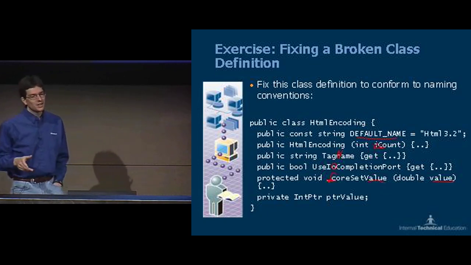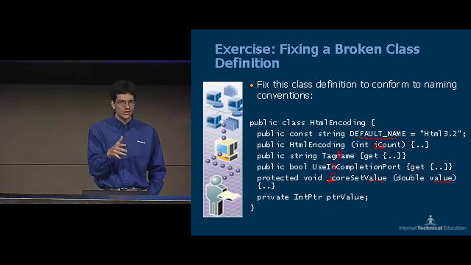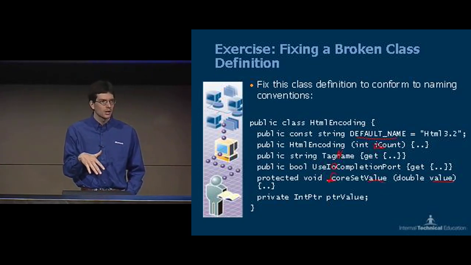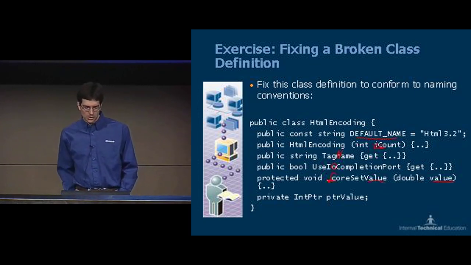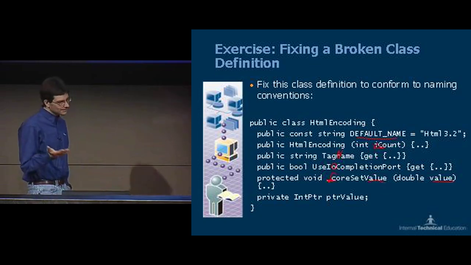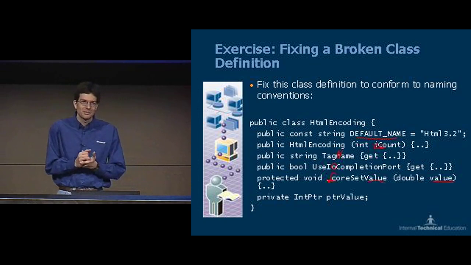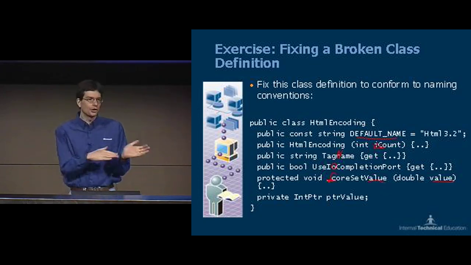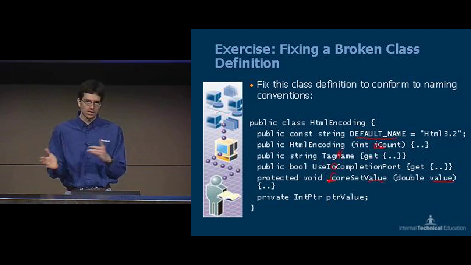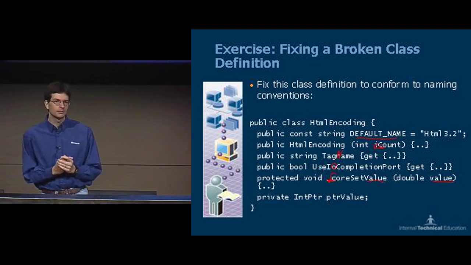Yeah, so it's kind of a questionable name, I think somebody else was pointing out too. What are you trying to model here? I don't know actually how you might use an IO completion port with an HTML encoder, but if what you're trying to do is specify whether or not this particular technology should be used, then it seems like a fine prefix.